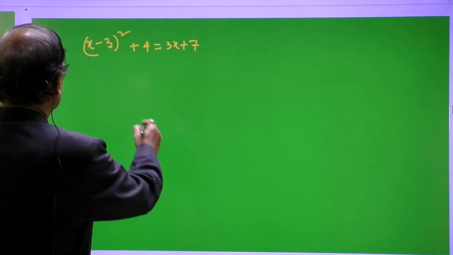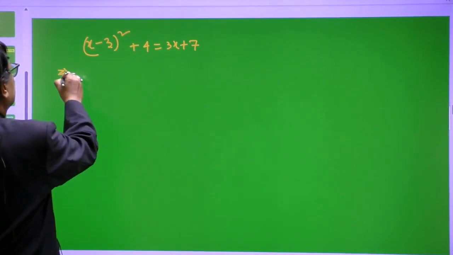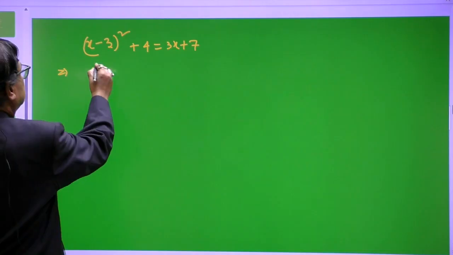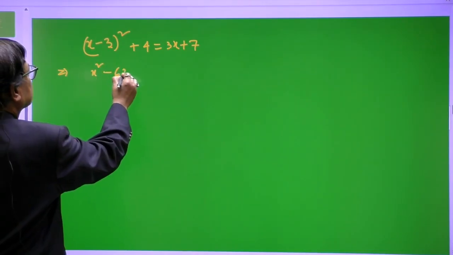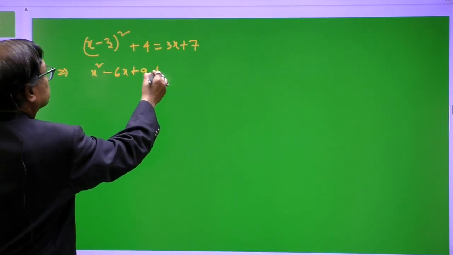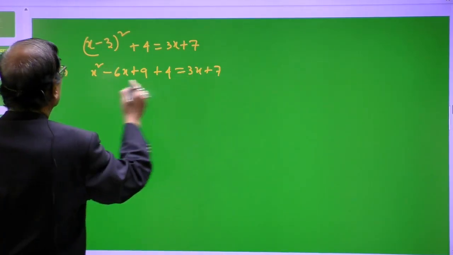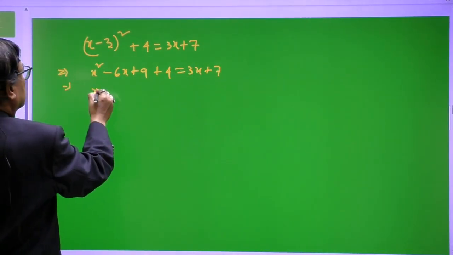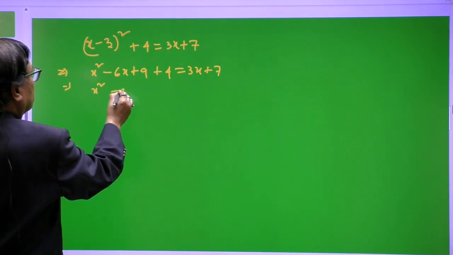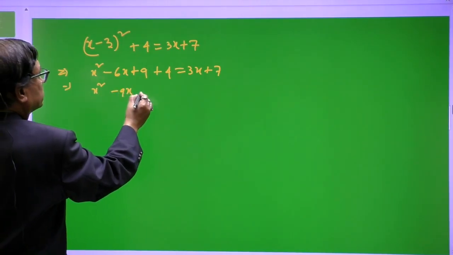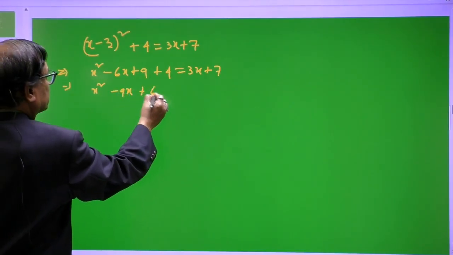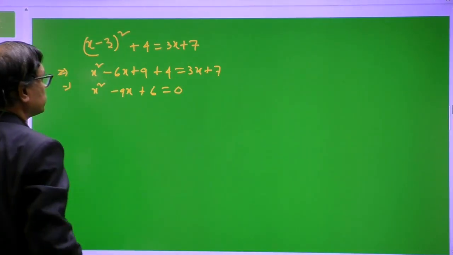So for this equation, if we simplify, we get x square minus 6x plus 9 plus 4 equals 3x plus 7. Simplify: x square minus 9x plus 6 equals 0.